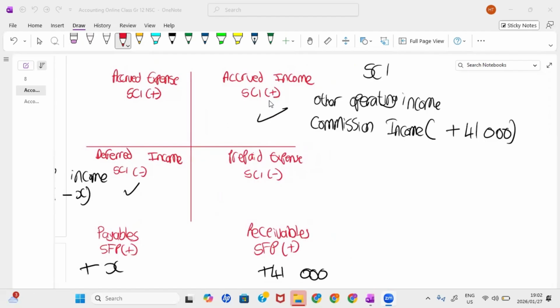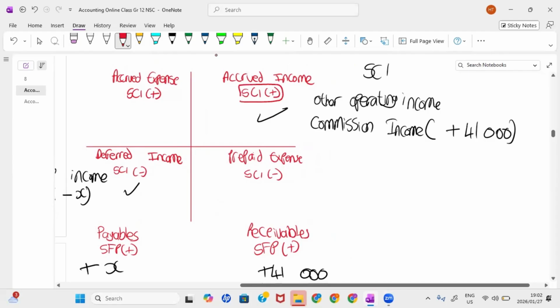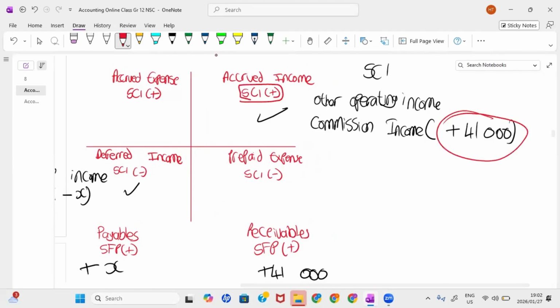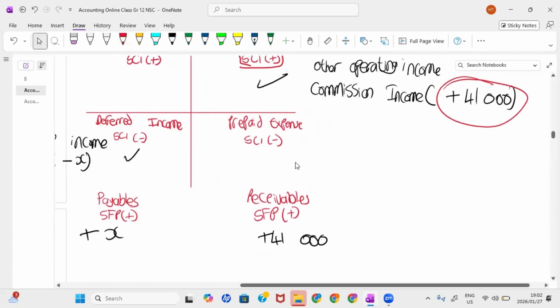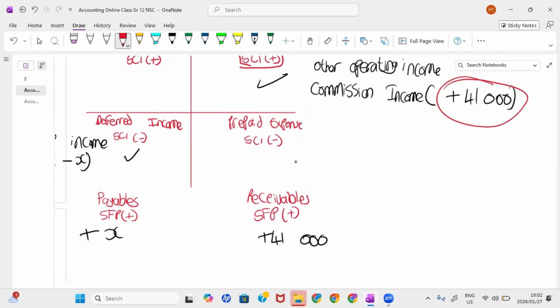For accrued income, we add it in the statement of comprehensive income. This amount that we looked at, which was 41,000, we have to add it. And then the very same amount, we take it to the statement of financial position.